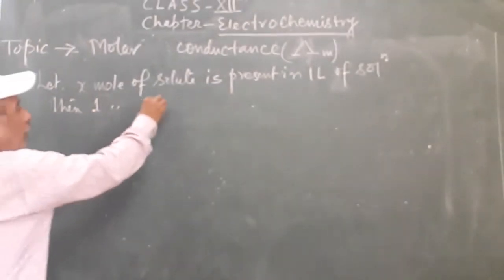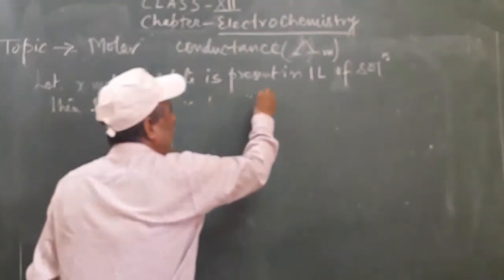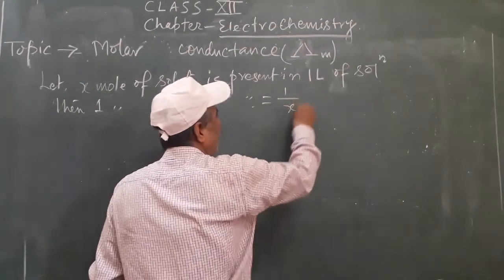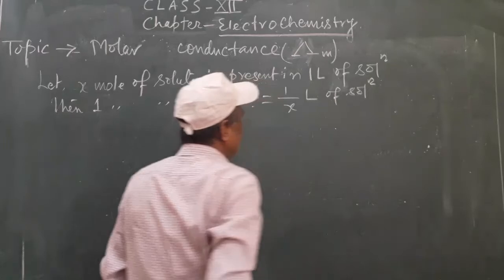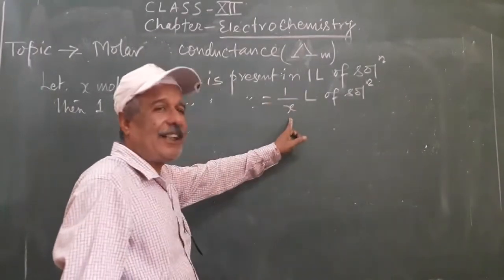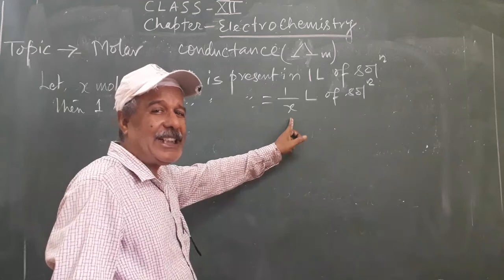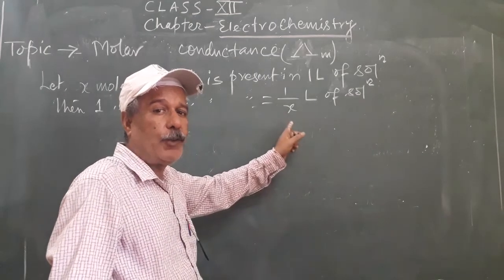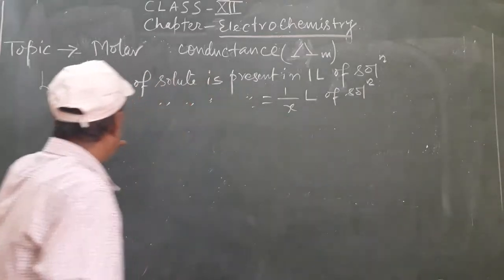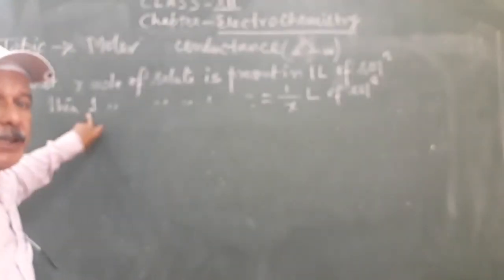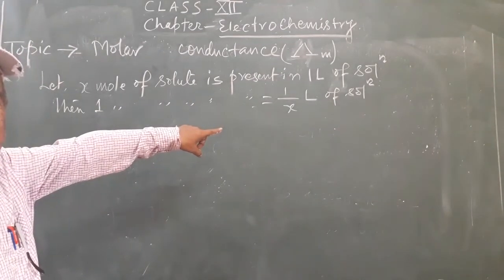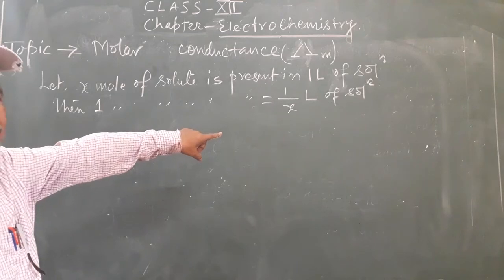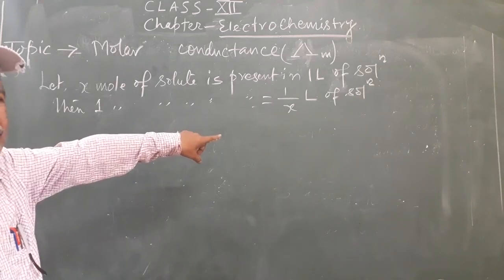Then 1 mole of solute will be present in 1 upon x liter of solution. So dear students, this 1 upon x liter, what is it? It is the volume of solution in which 1 mole of solute is present. And if that solution will give some conductance, that is known as molar conductance.